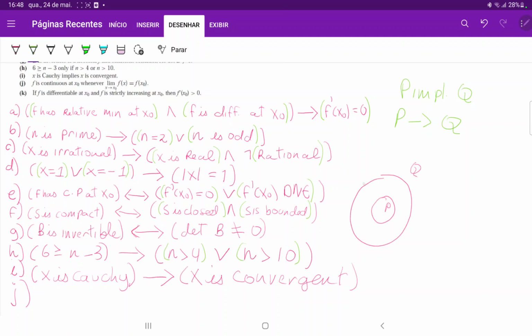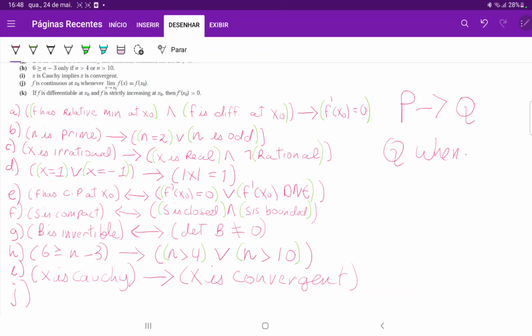If you look at this diagram, we're saying that if I have P, then I have Q, right? So Q whenever P. Whenever I have P, I'm going to have Q. Just to make it super clear, P implies Q is the same thing as Q whenever P. So actually our P is this guy over here, and our Q is f is continuous.